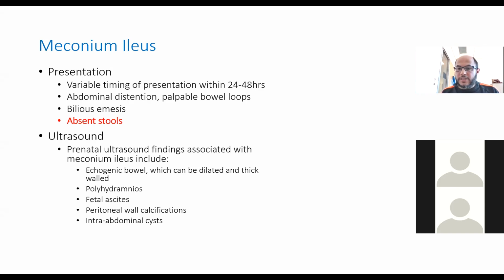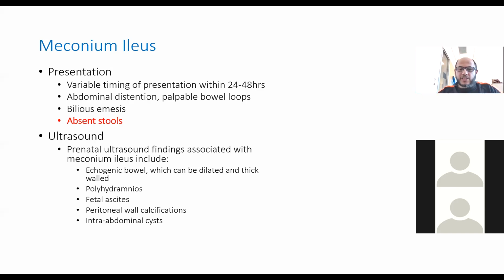So that's the antenatal presentation. Antenatally, they might describe an echogenic bowel pattern, or they might call you about intrauterine calcification as high risk. There might be a history of polyhydramnios.